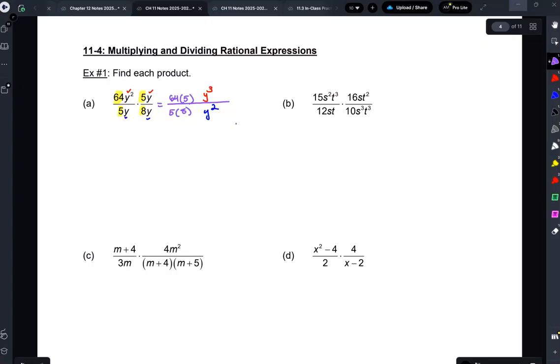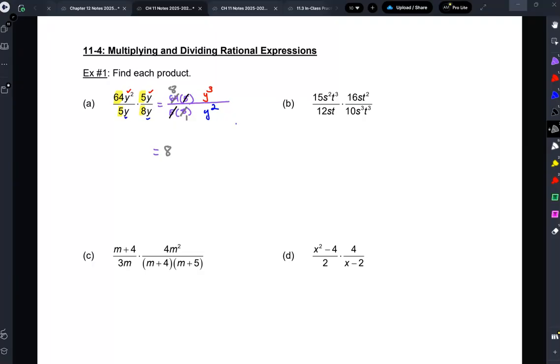Now, when you haven't multiplied yet, sometimes it's easier to reduce, because what I can do is the following. Look, the 5's and the 5's reduce. Yes? And now the 8 and the 64 also reduce. So I divide by 8. I get 1 here and 8 here. So all I have from my coefficients now is an 8.